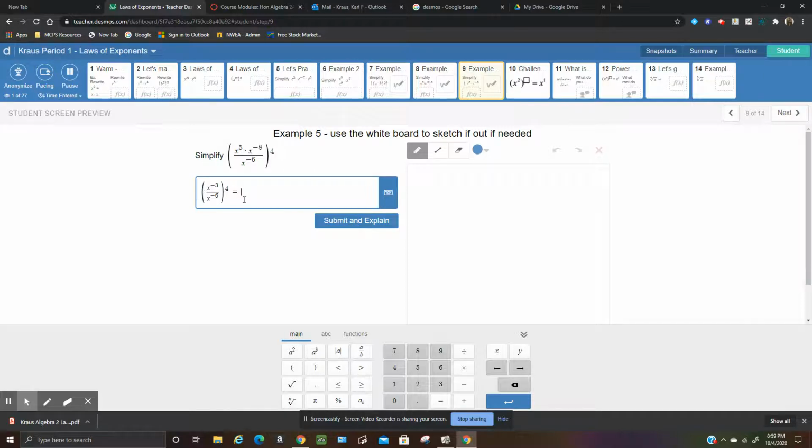That equals, so negative 3 minus negative 6 is x to the 3rd. And then close the parentheses here. The 4th power. And that equals x to the 12th.